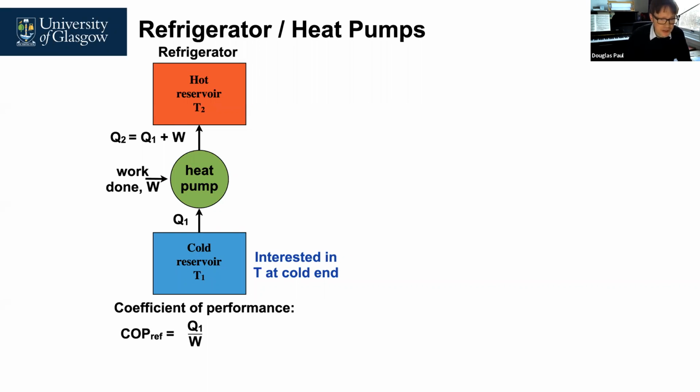And so the coefficient of performance for a refrigerator is Q1 divided by the work done W. Now, we can use the first law of thermodynamics, dQ equals dW. So dW is just Q2 minus Q1, and so we end up with Q1 over Q2 minus Q1.